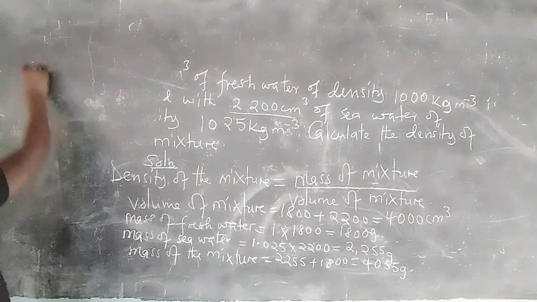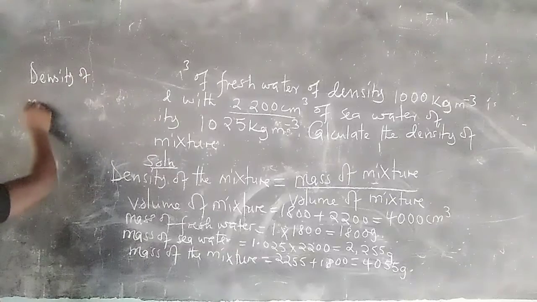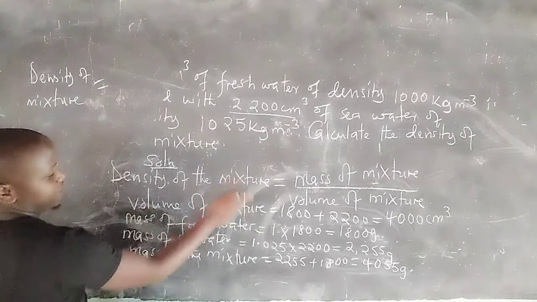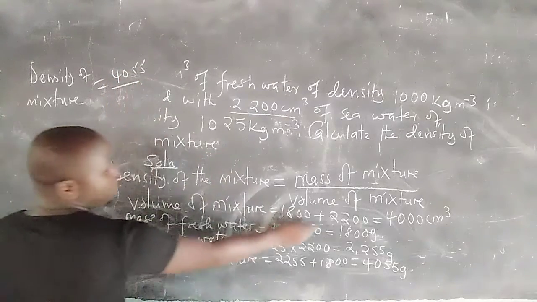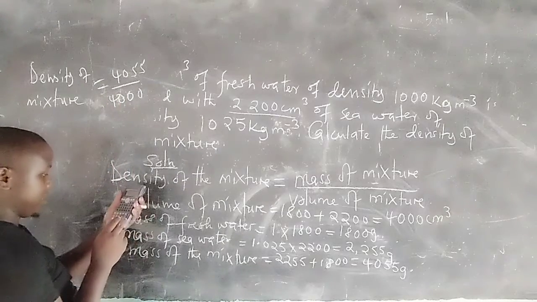Therefore, density of mixture now, according to this expression, will be mass of the mixture, which is 4055, divided by volume of mixture, 4,000.